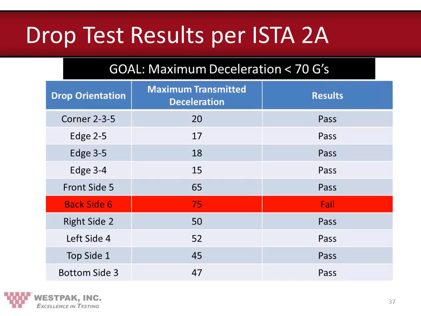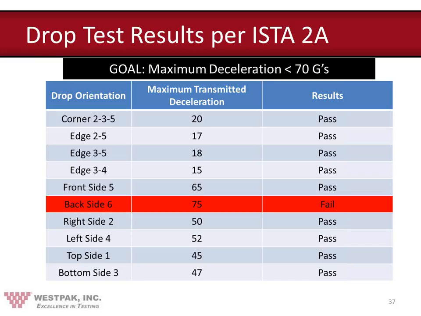And then you're going through this drop test, so you're doing the corners, the edges, the sides, and pretty much what you're doing is just checking your numbers. So you do a drop and you make sure, okay, everything's less than 70 Gs. A drop to a drop, everything's less than 70 Gs. But then, in this case that we have here, we have one value that is actually over 70 Gs, which is 75 Gs, which is right here.